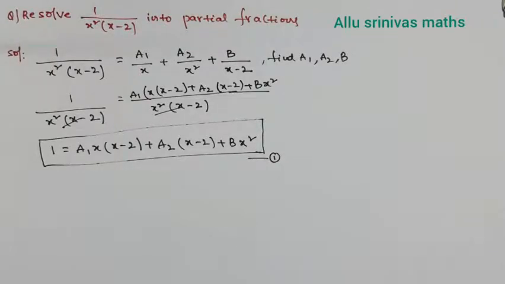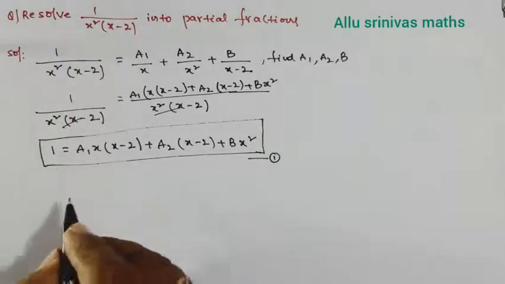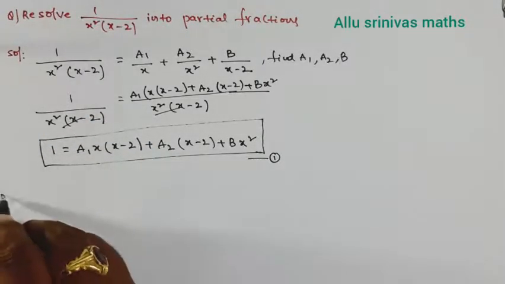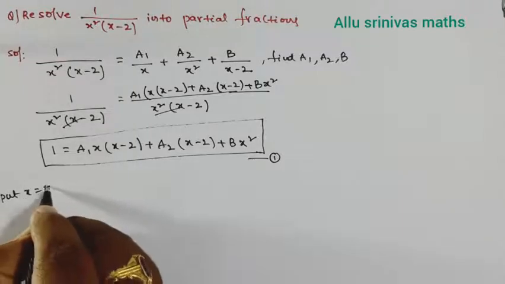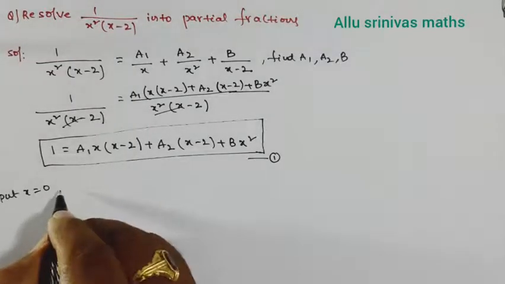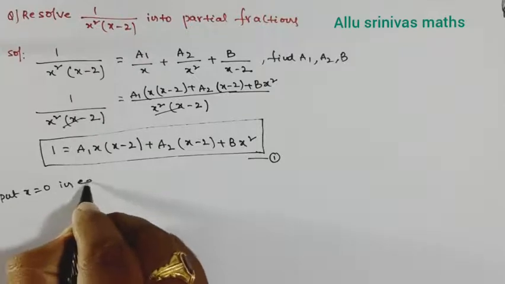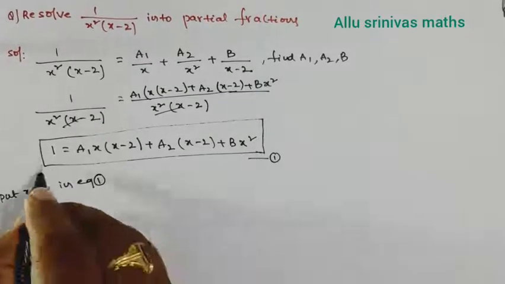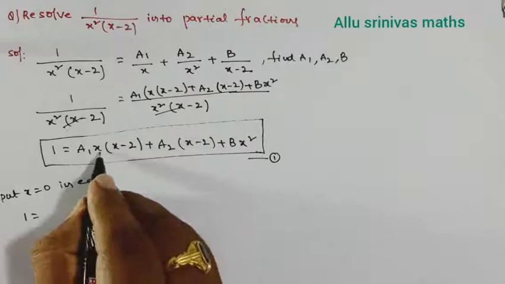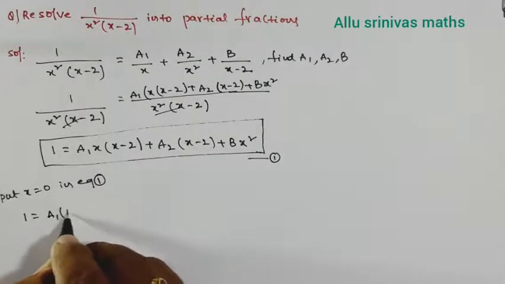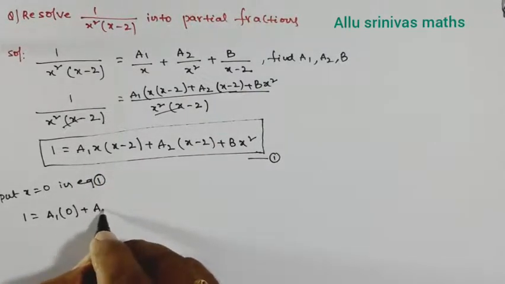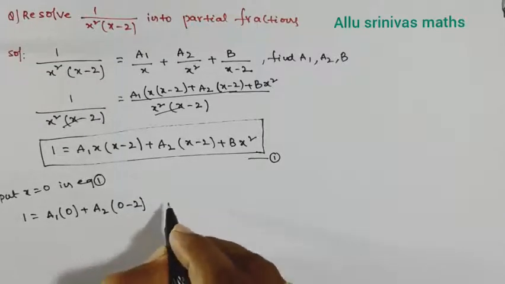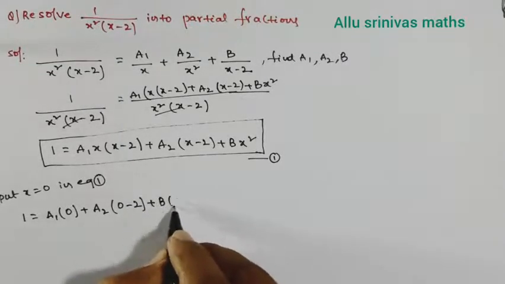We have to observe only two linear factors in this problem. Let us take the first one, x square, and x also. Put x equal to 0. Substitute in equation 1. 1 equals a1 times 0, a2 times 0 minus 2, and b times 0.